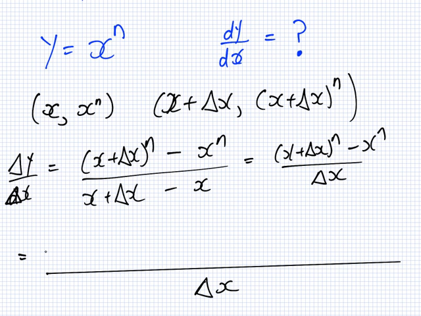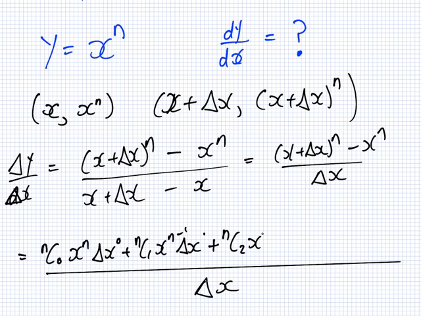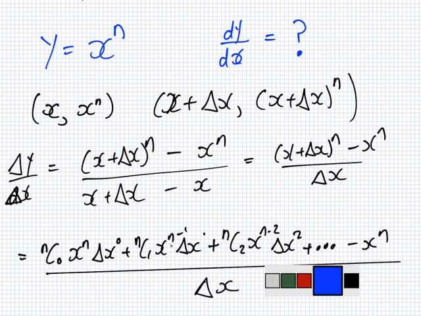So this would be nC0 x^n delta x^0 plus nC1 x^(n minus 1) delta x^1 plus nC2 x^(n minus 2) delta x squared. Remember this in the sequence lesson? And that continues, and we have a minus x^n at the bottom. So what cancels here?